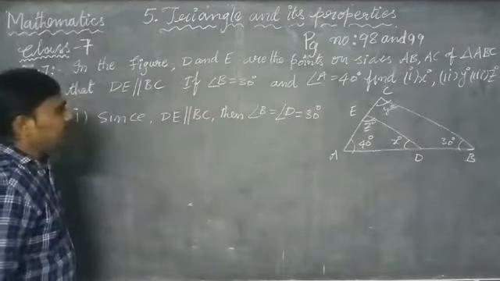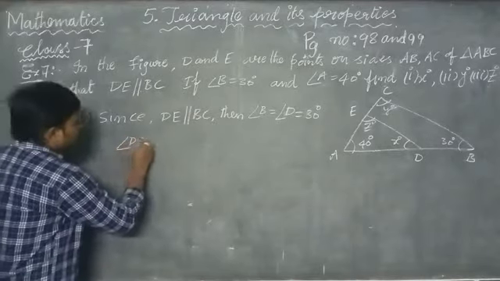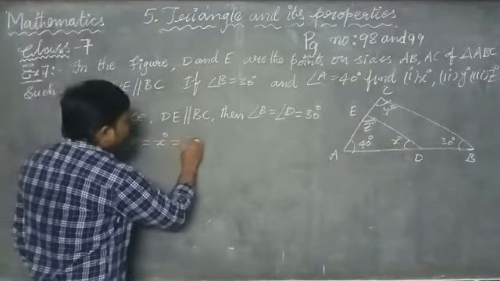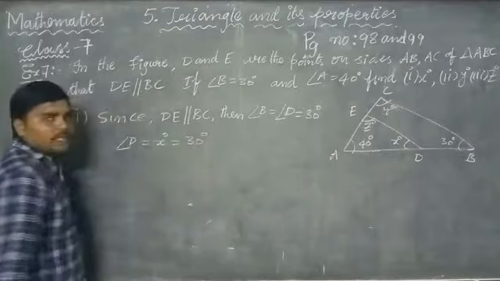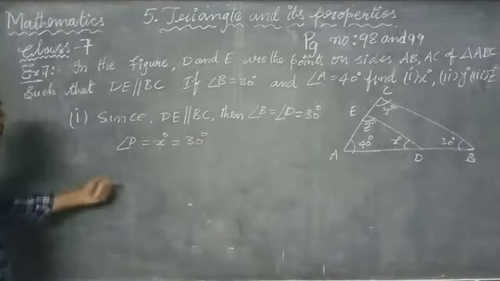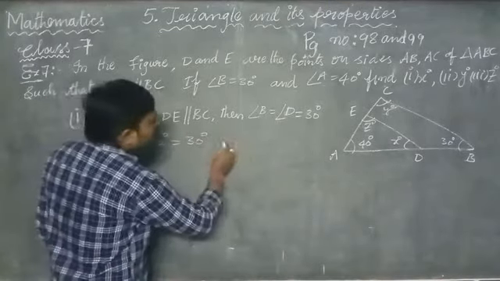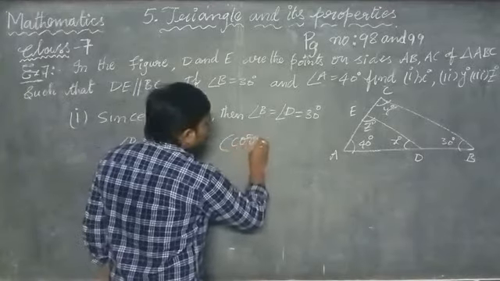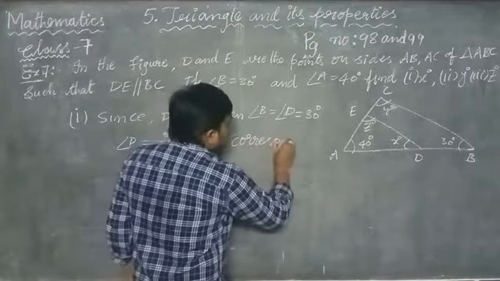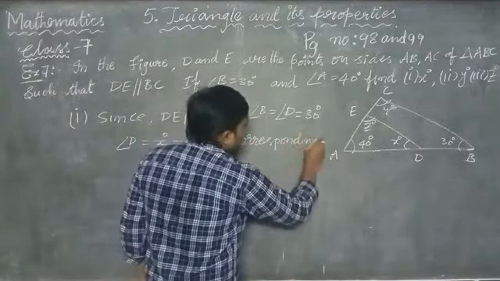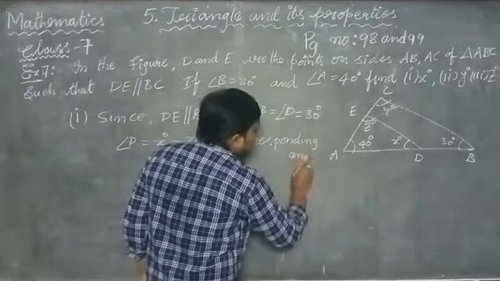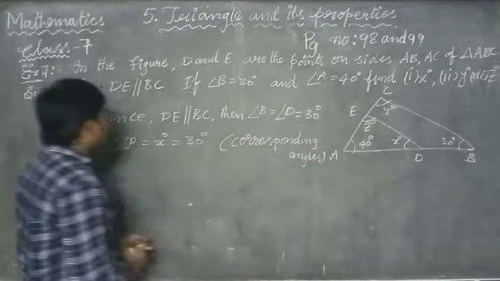Here it means angle D equals x degrees, which is 30 degrees. So x equals 30 degrees. This is from corresponding angles in parallel lines. Corresponding angles are equal.